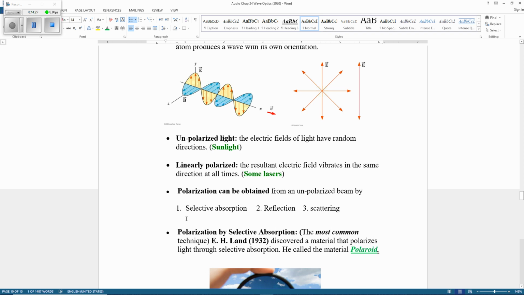Some special materials absorb the electric field from one direction but not another direction. Second one, we can use reflection. Third one is called scattering. This time we're going to study only the first two, selective absorption and reflection.